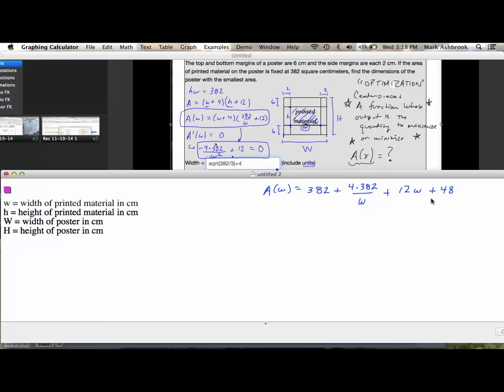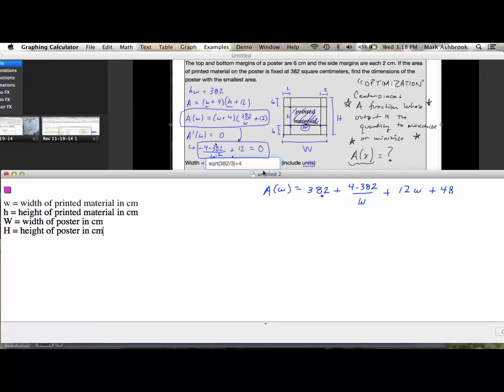So I just expanded that formula into 4 terms, and from that we said that to get the minimum we're going to look for local minimums of this function, which means we need critical values, which come from the first derivative being 0.